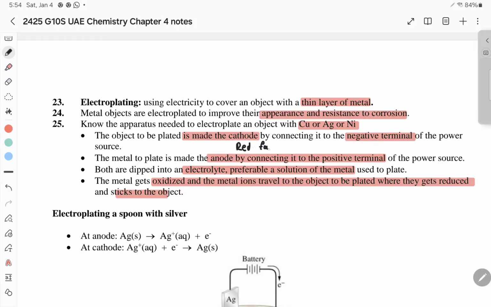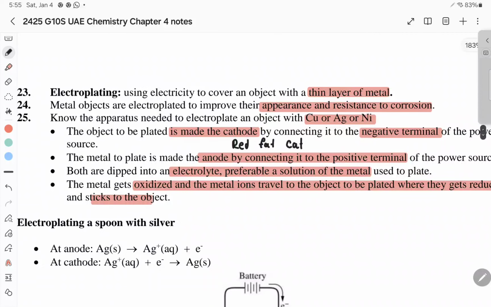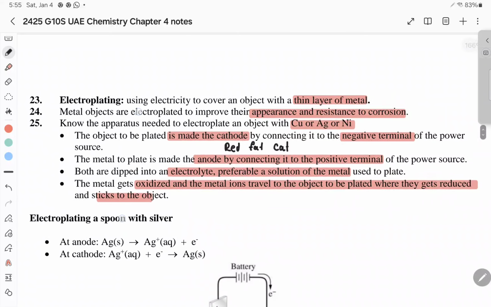Red fat cat. Because the thing you want to plate or cover, you're going to put it in the cathode, on the negative terminal. So you're going to replace it with the cathode. It's going to undergo reduction and it's going to get plated, so it's getting bigger, it's getting fatter.